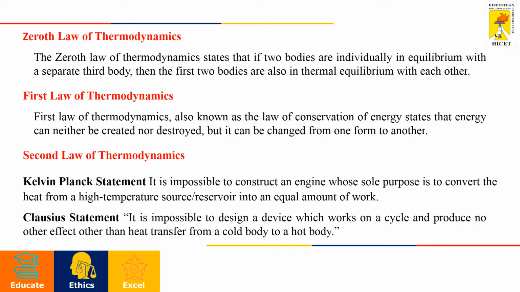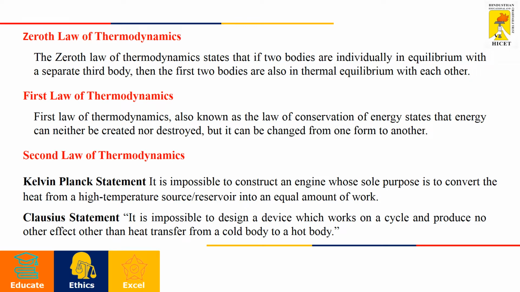Two persons have given input for the second law: one is Kelvin Planck, and the other is Clausius's statement. What does Kelvin Planck say? It is impossible to construct an engine which converts the entire input into an equal amount of work. To make it simple, nothing is 100% efficient.